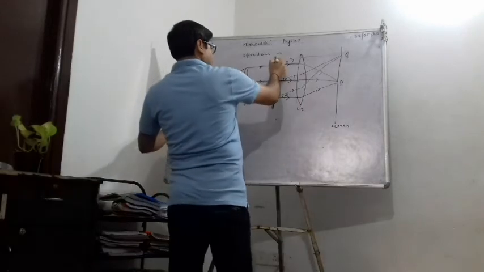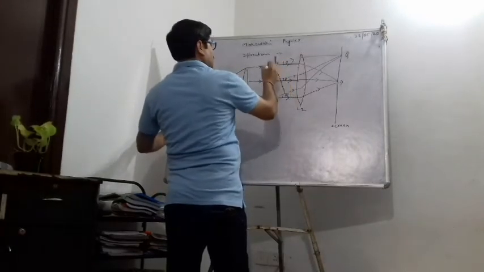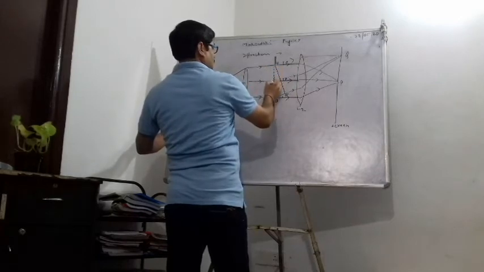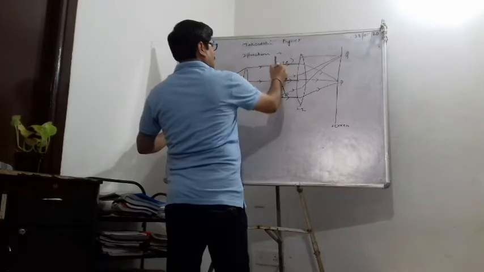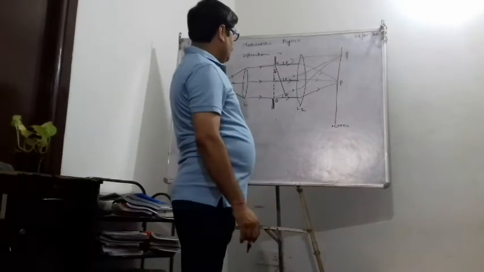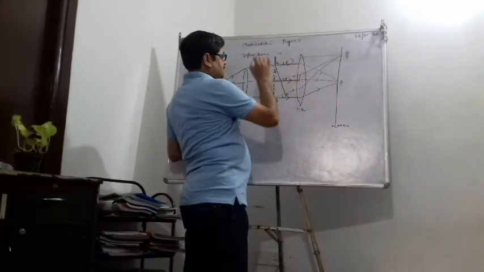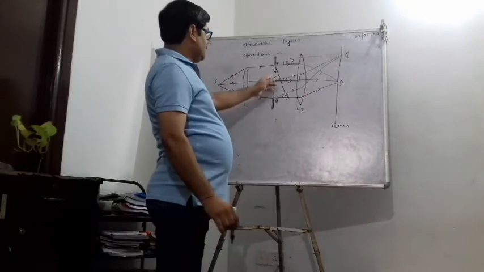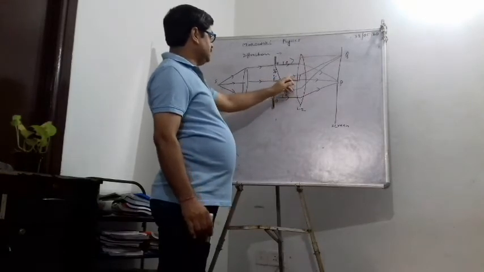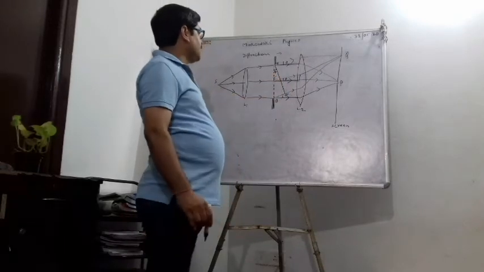So as per the diffraction theory, for this triangle and this triangle, these two angles are similar and equal.